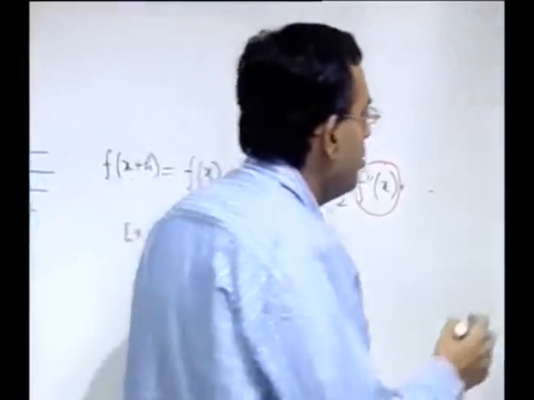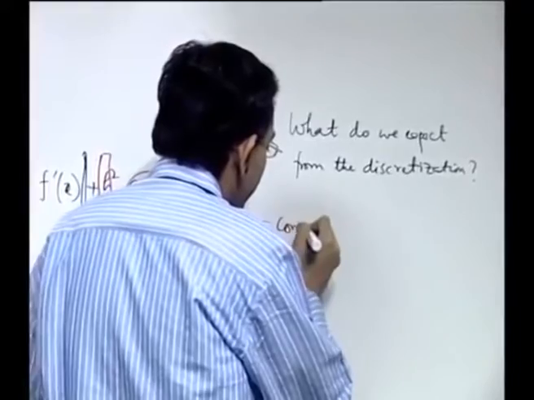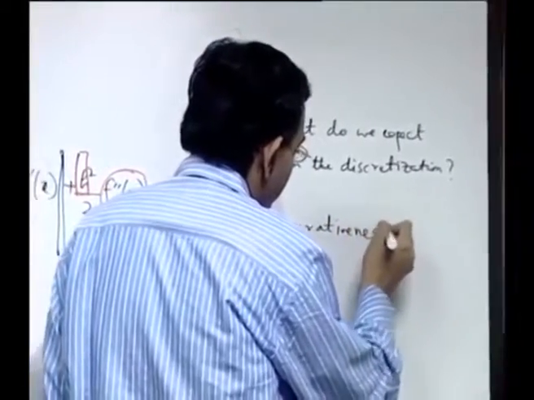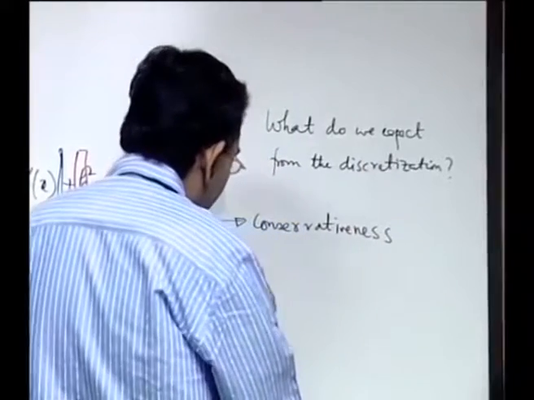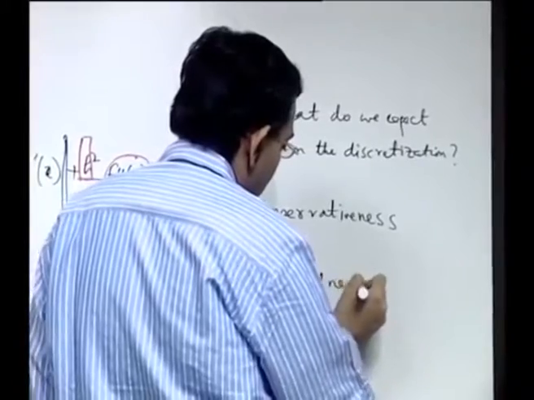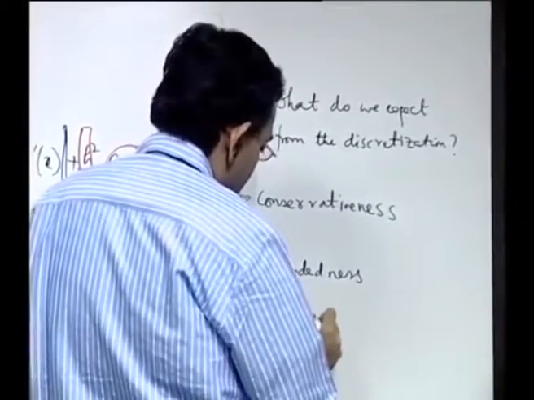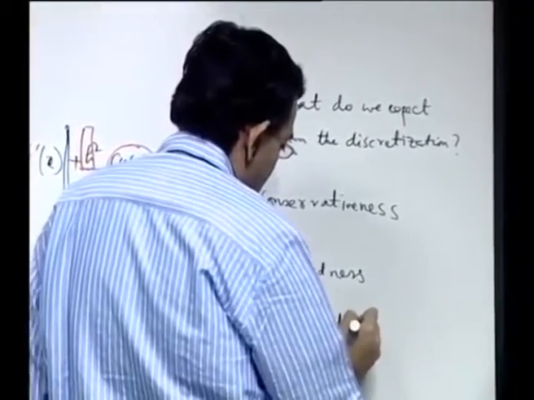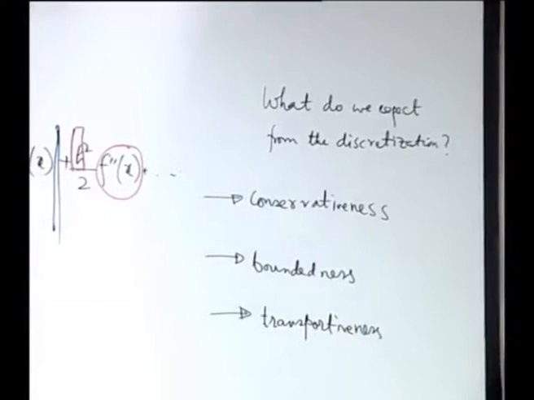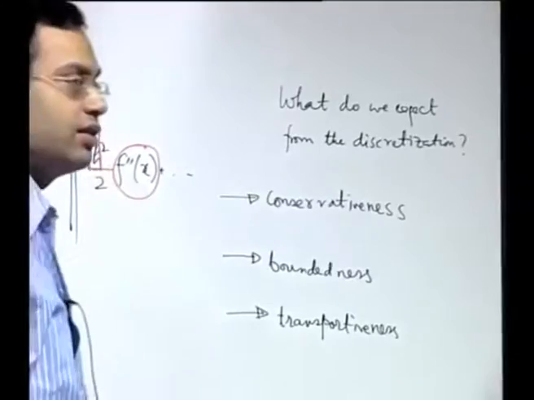So there are certain important characteristics that we expect. One is conservativeness, another is boundedness, another is transportiveness. Let us see what these are and whether we can expect that the finite difference method will fulfill these requirements.